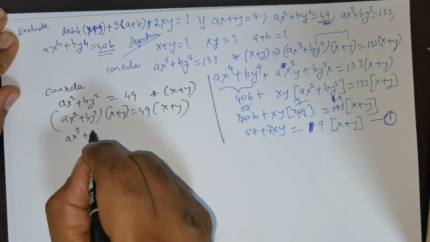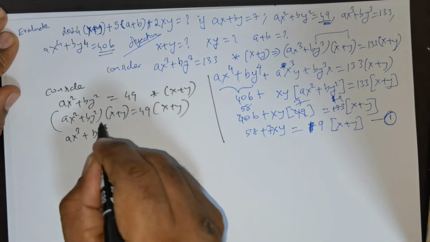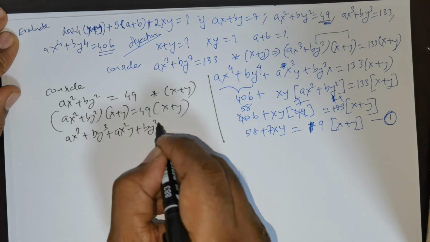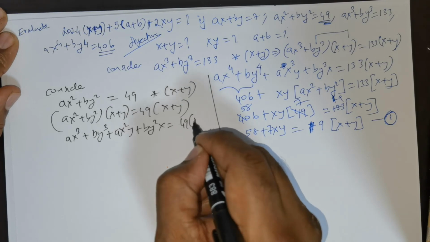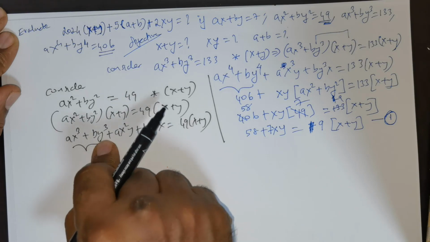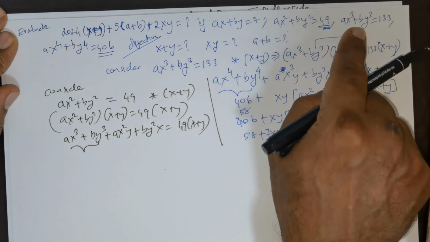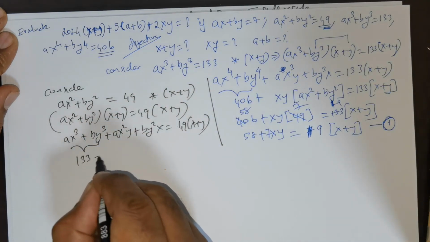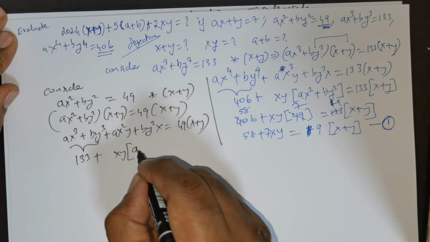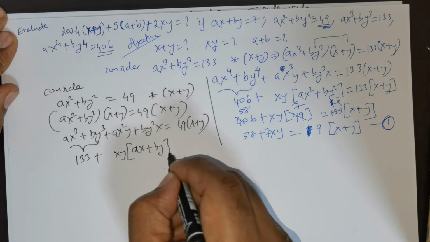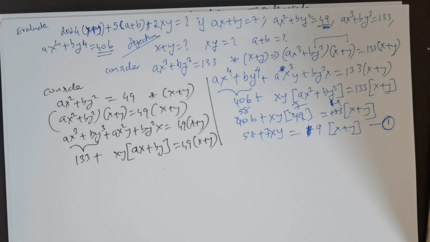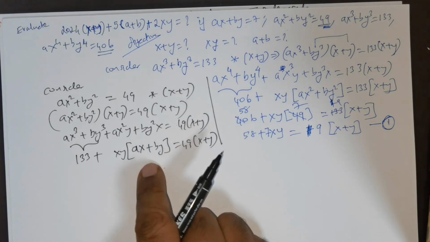So ax³ + by³ + ax²y + by²x = 49(x + y). This one, ax³ + by³, where is the value? 133. Substitute that. Take xy out. This would give me 133 + xy(ax + by) = 49(x + y). Okay. Now what is ax + by?